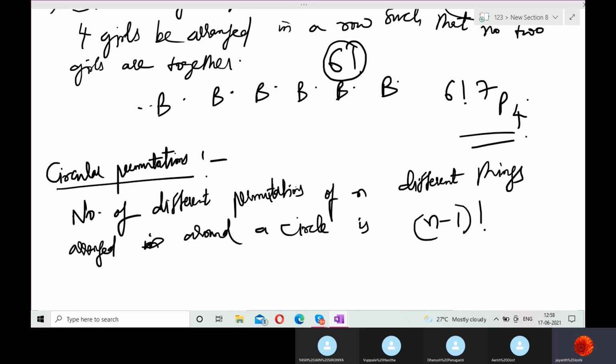So when there is a circular arrangement, it is n minus 1 factorial ways. This is the direct formula.